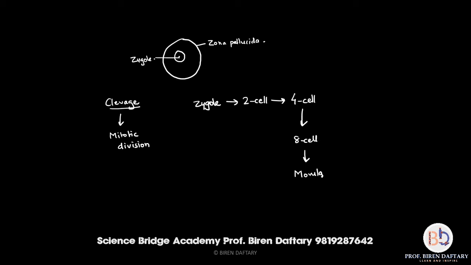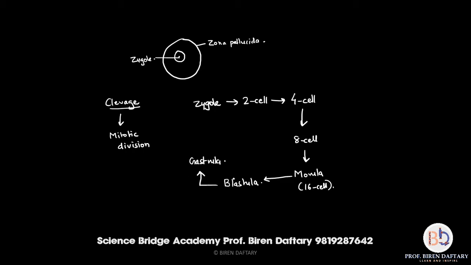So morula is a 16 cell structure, and from there on, over a period of time, it will get converted into blastula, which has around 100 cells. So from a single cell to around 100 cells, and the blastula then undergoes modifications to form a gastrula. So these are the embryonic changes which take place in a single celled zygote.